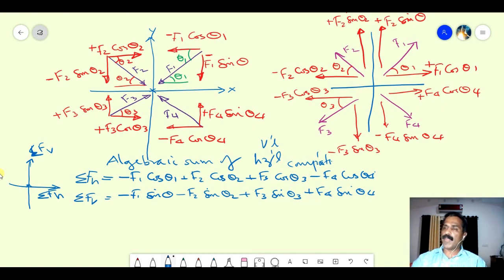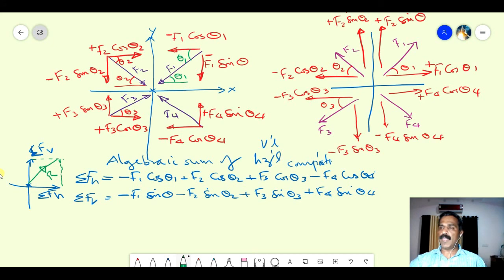Now we have two forces simultaneously acting at a point in these directions. Then we can make use of the parallelogram law. Here you construct the parallelogram, and the diagonal will be the resultant of sigma Fv and sigma Fh.